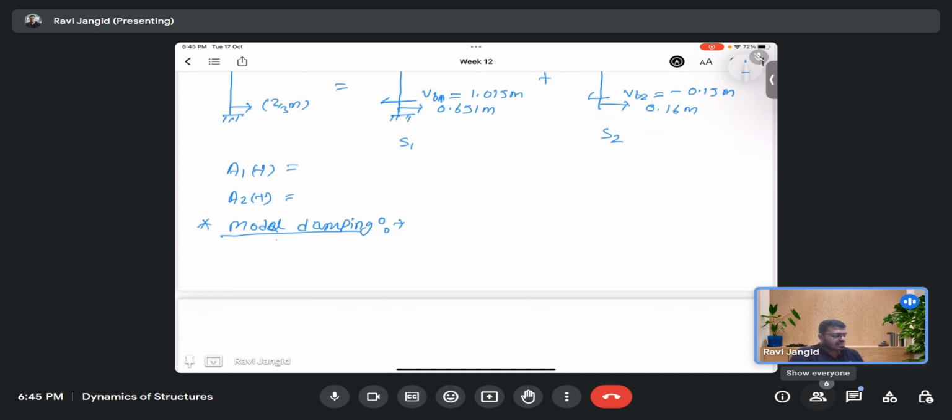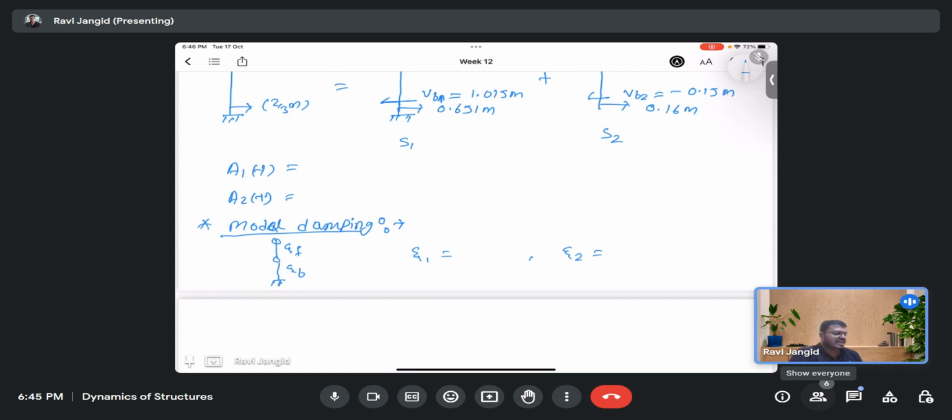Let us suppose I have a two-story building, which has a damping ξ_f for the structure and ξ_b for the base isolator. Can I find ξ1 and ξ2 in each mode?